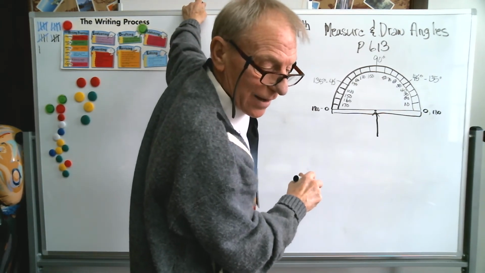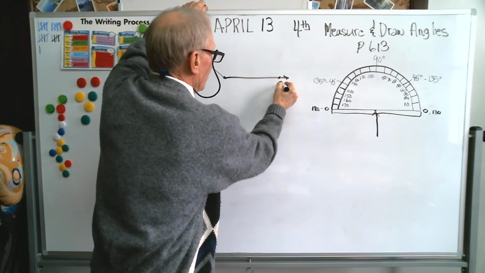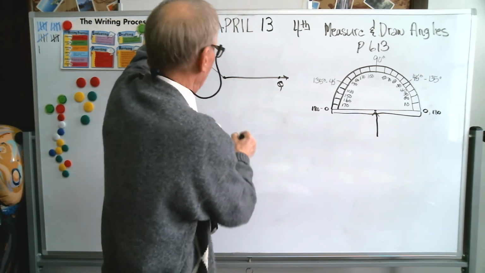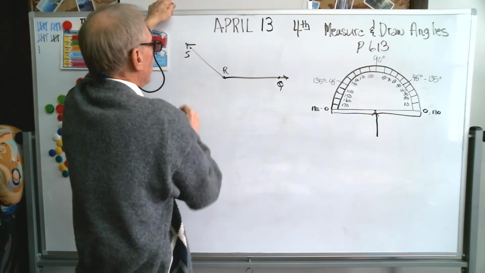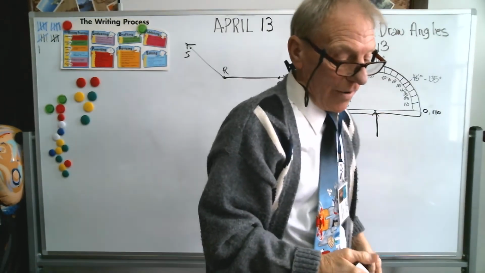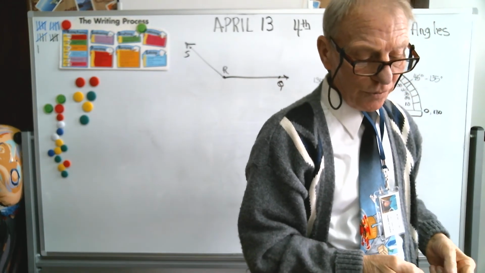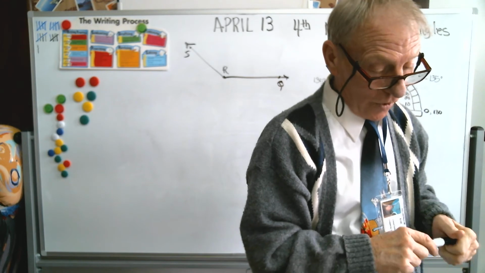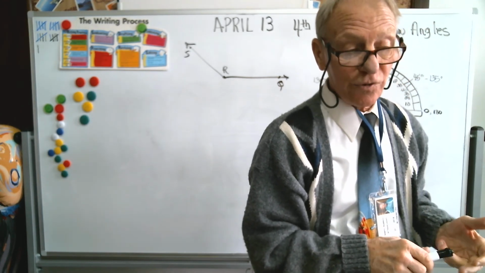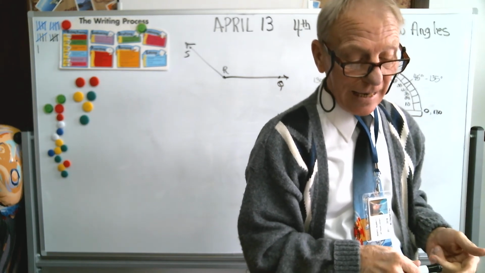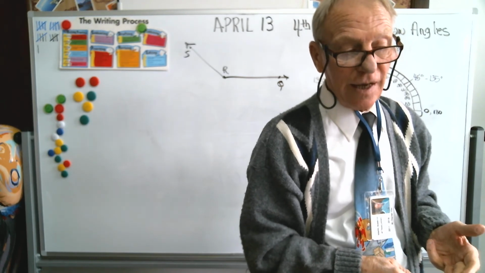And we'll label that according to the book: Q, R, and S. Now it's telling us to choose the word and the angle measure to complete a true statement about it. So angle QRS is either an acute, obtuse, or right angle, and it has a measurement of either 45, 115, or 135.